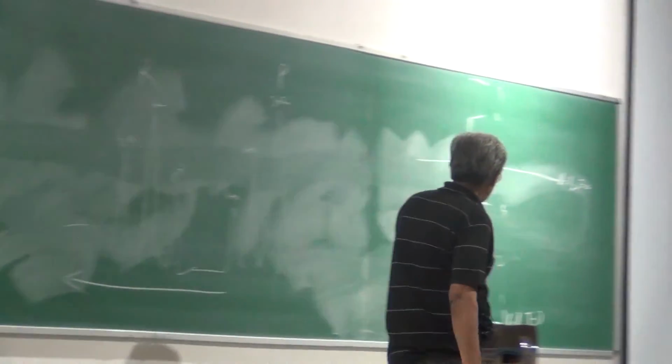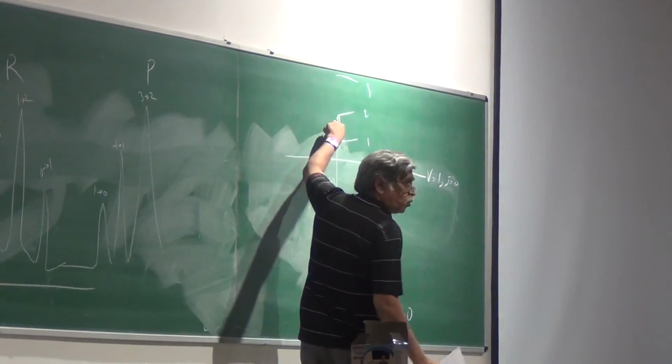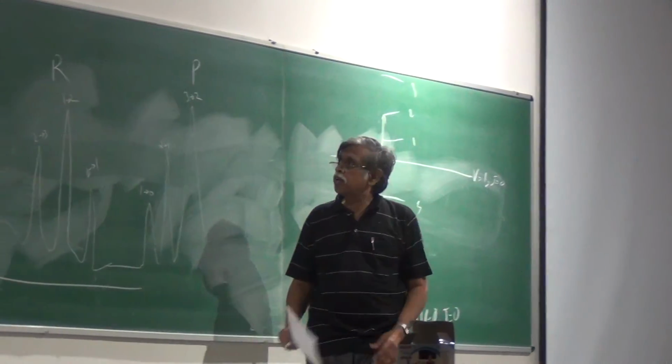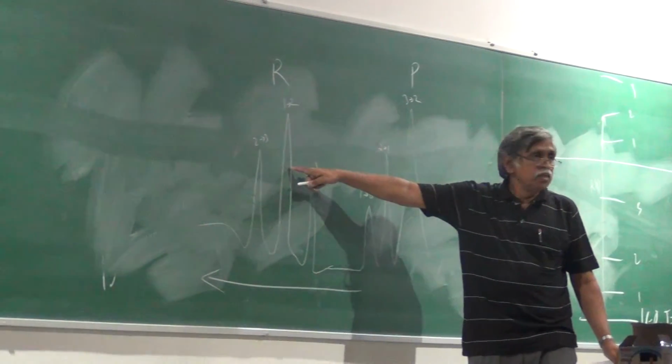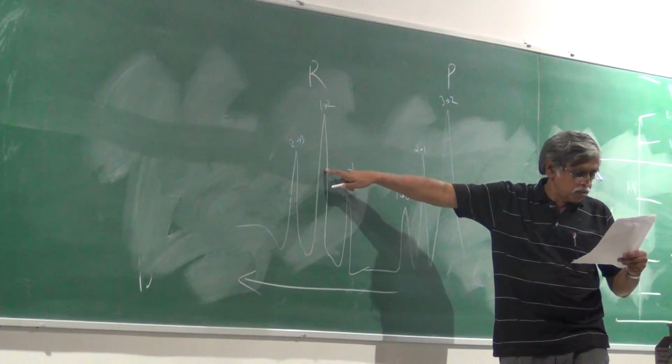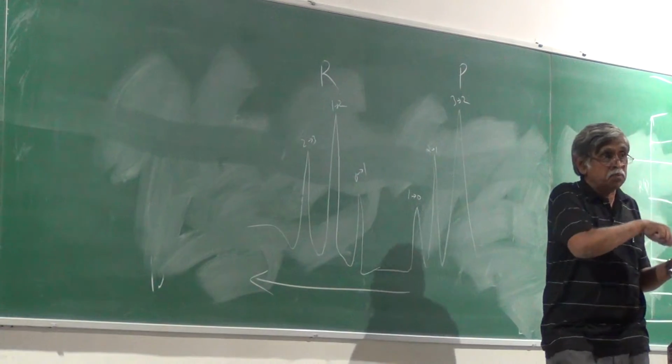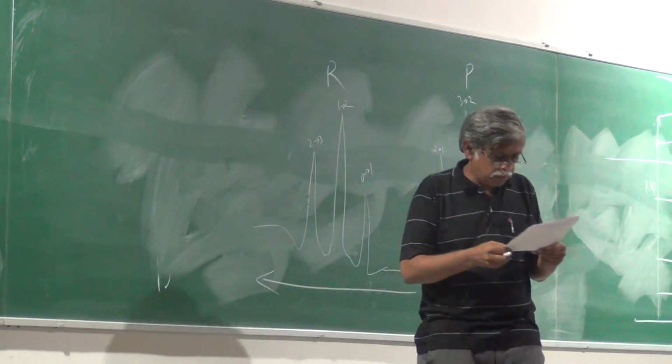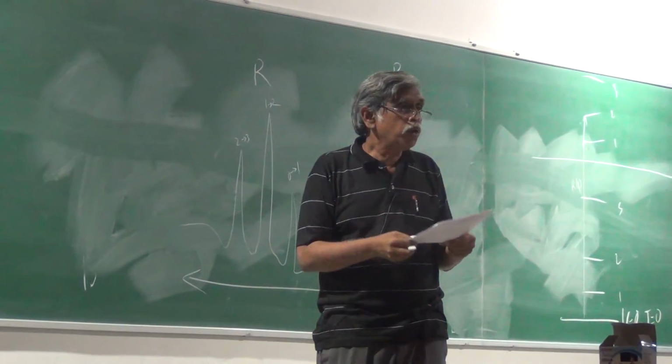So now, if this transition is 1 to 2, that's an R1 transition. And where is the R1 transition over here? It is this fellow here. And what is the frequency of this one? It must be the second line in the spectrum. And what is the second line in the spectrum going to be? 2925.7.